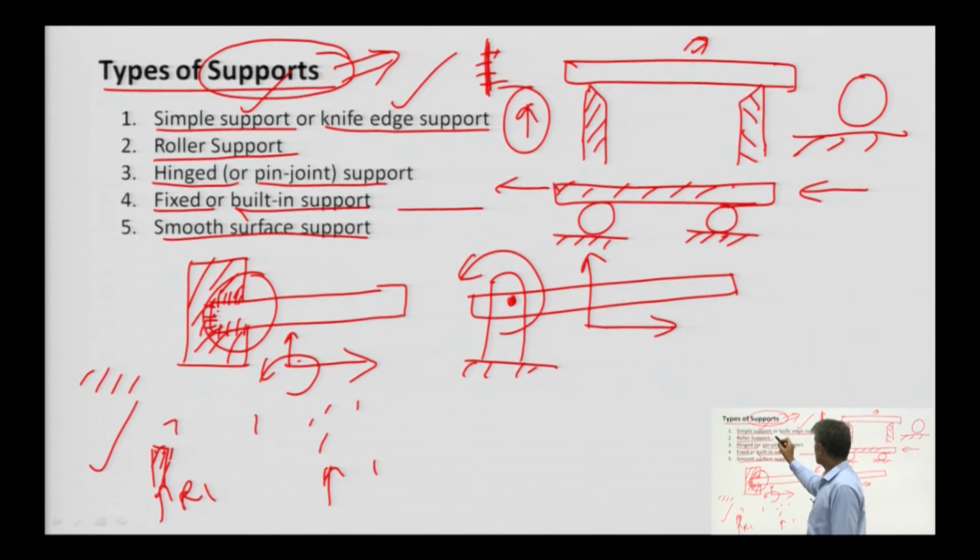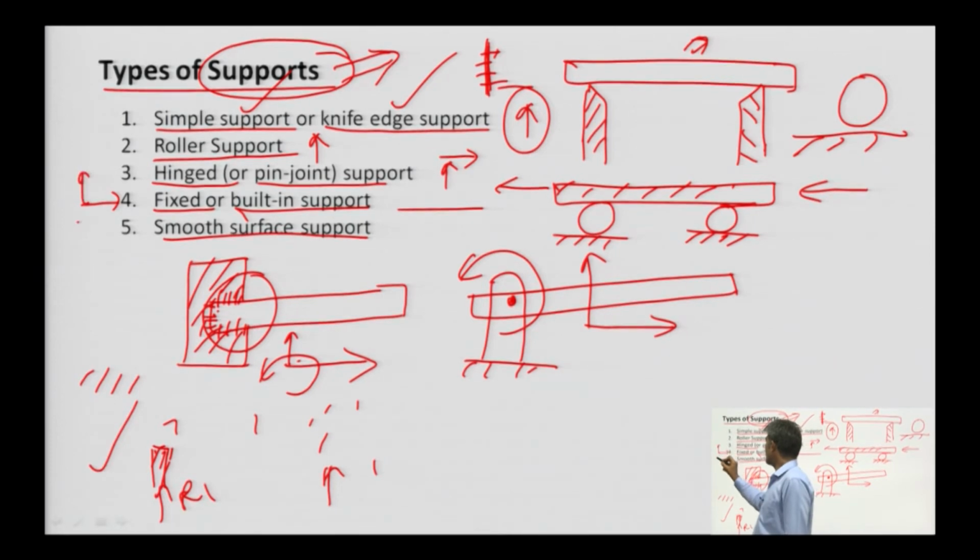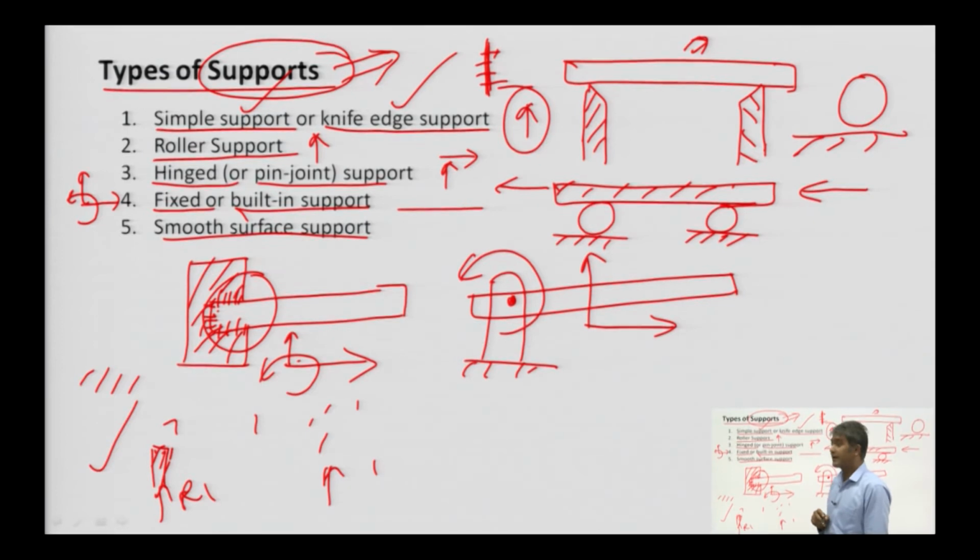In roller support, again only vertical movement is restricted. In hinge, vertical as well as horizontal movement is restricted. In fixed, horizontal, vertical and rotational degrees of freedom are restricted.